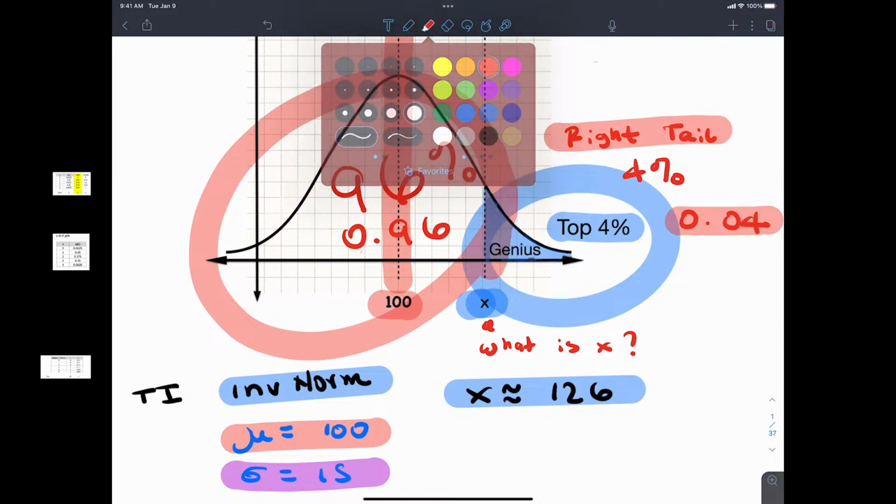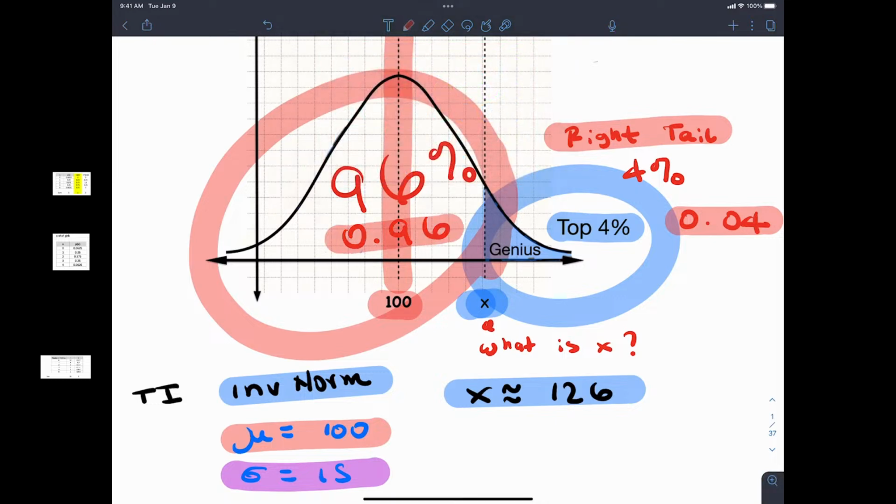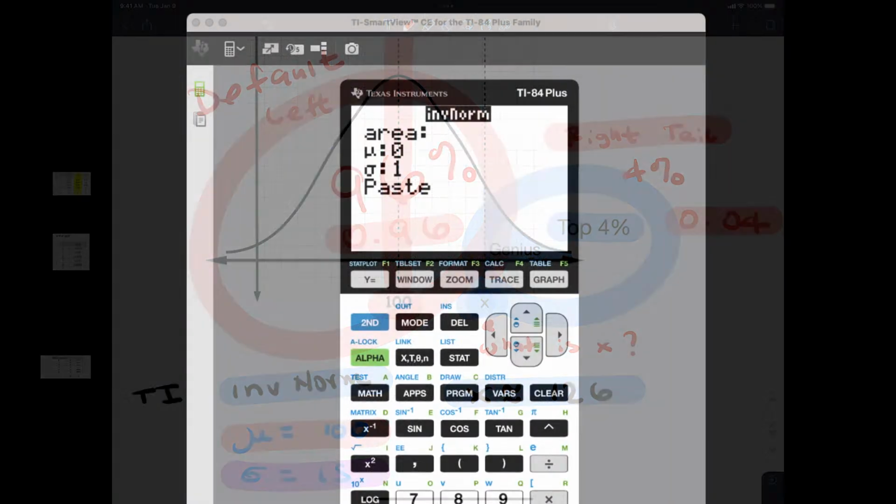Okay. And this is the area that is to the left of that value of X. This is called the default. Yeah, the area to the left of the value. It's always the area to the left. So the default is always, always, always area to the left.